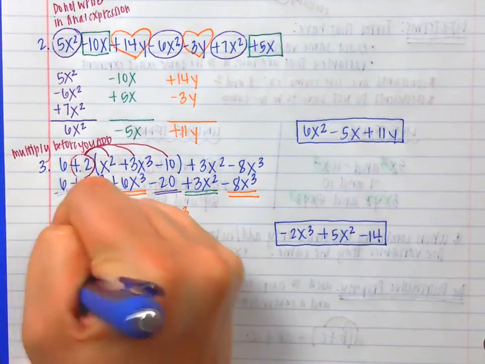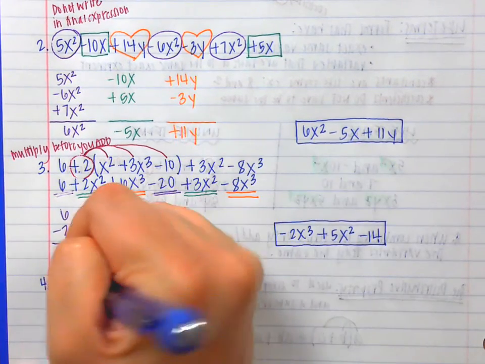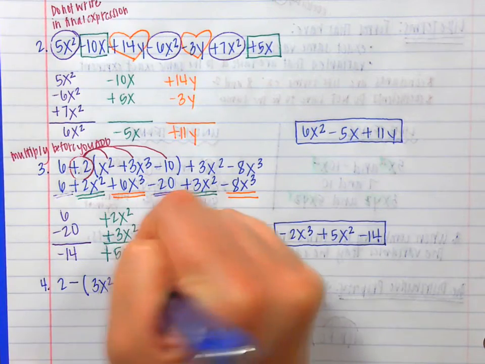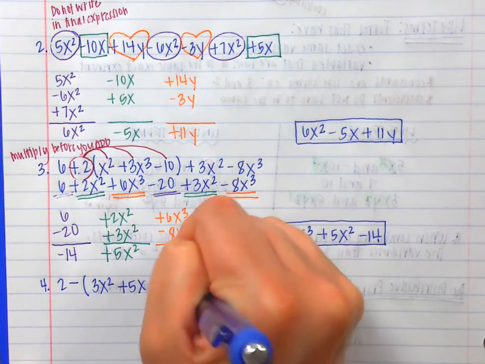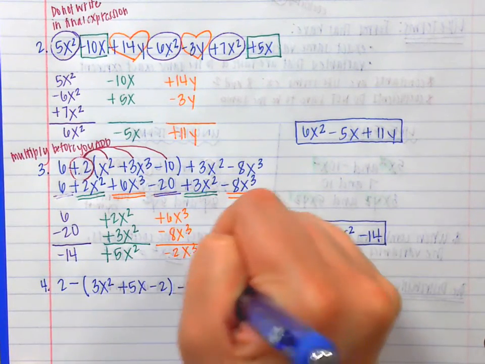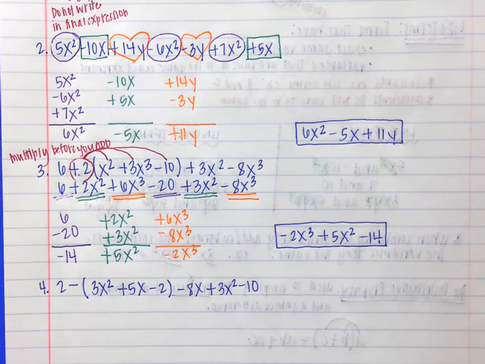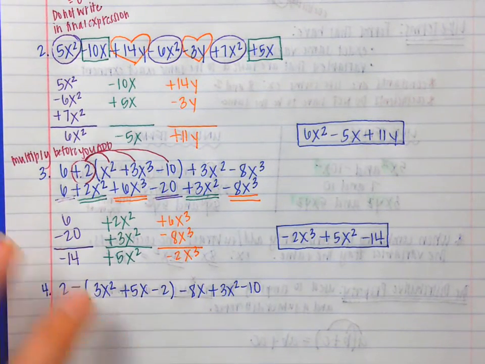So 2 minus the quantity of 3x squared plus 5x minus 2, minus 8x plus 3x squared minus 10. So first thing we want to do, can I simplify anything in the parentheses? And I can't.